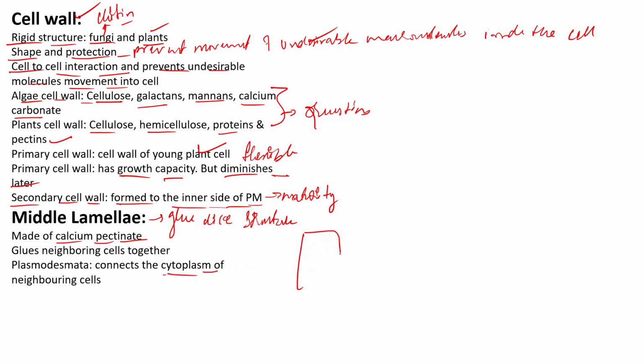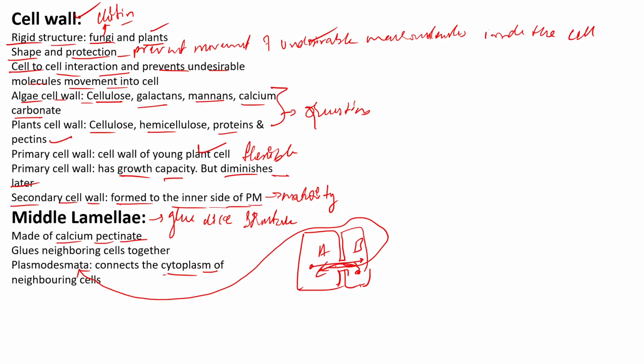For example, if this is one cell and this is another cell, the cytoplasm of both the cells are connected directly. This connection is what we mean by the term plasmodesmata, which connects the cytoplasm of neighboring cells. So the molecules from cell A can directly move into cell B, and cell B molecules can directly come into cell A. That is the main function of plasmodesmata, right?